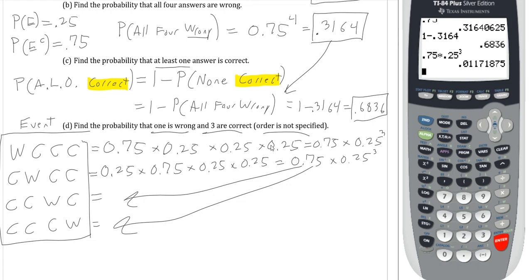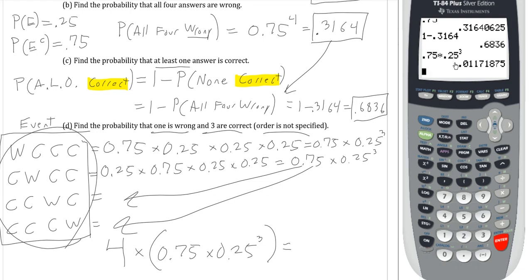We can instead say, oh well, there's 4 different outcomes that all have the same probability, so instead of adding them up, we can simply do 4 times that probability, 0.75 times 0.25 to the third power, because they're all going to happen in the same way. So if I were to add them up and they all have the same value, that's the same as multiplying by 4.